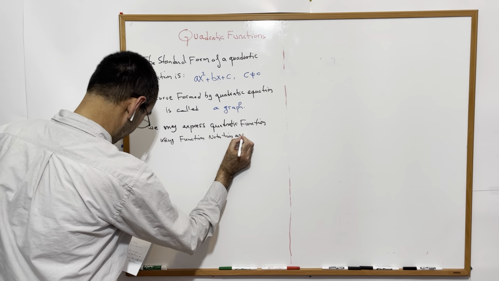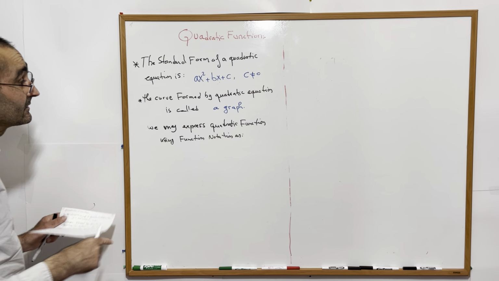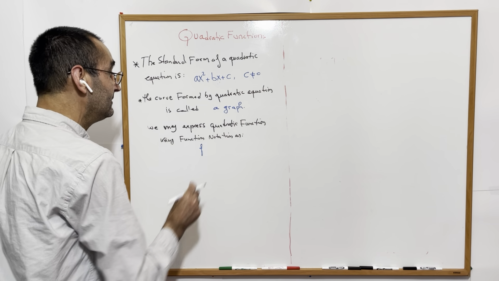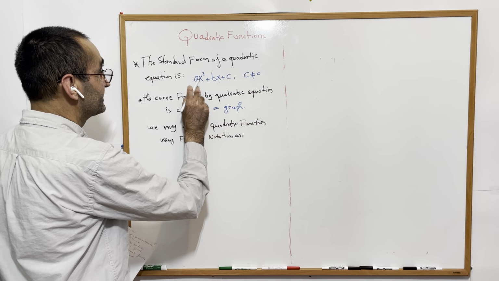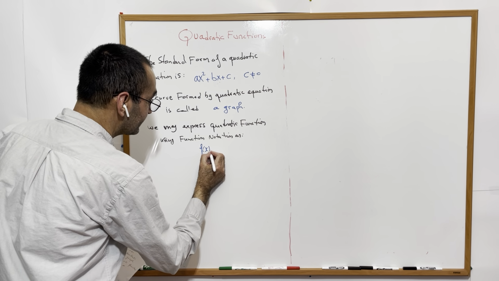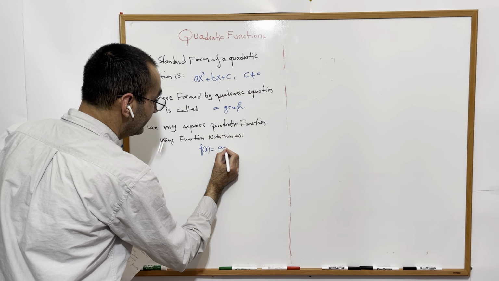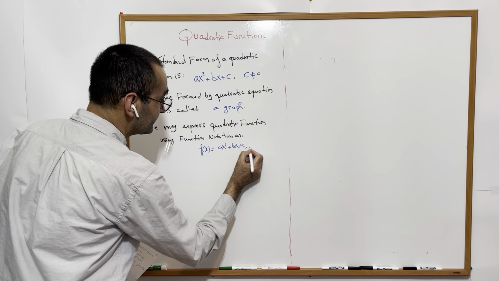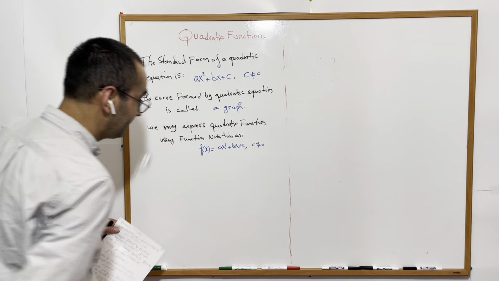This is a quadratic function: f of x equals ax squared plus bx plus c, with a different from 0.